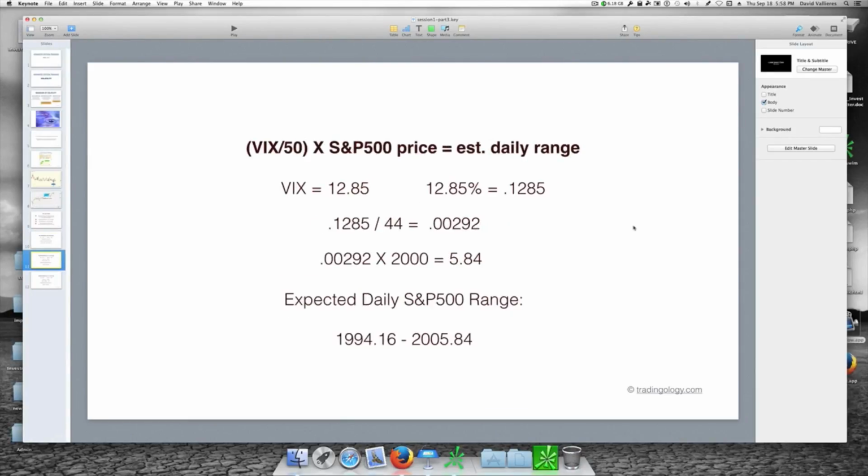Let's take a look at the S&P 500 estimated daily range. You can actually take this calculation for every single day in the market. You take a look at what the volatility index was the previous day. If it was 12.85, that's 12.85%, converted to a decimal is 0.1285, divided by 44.